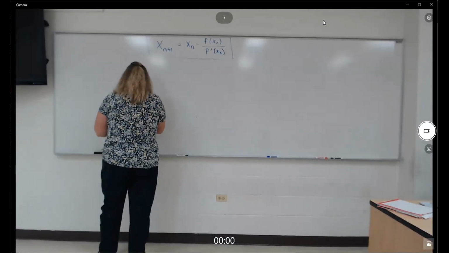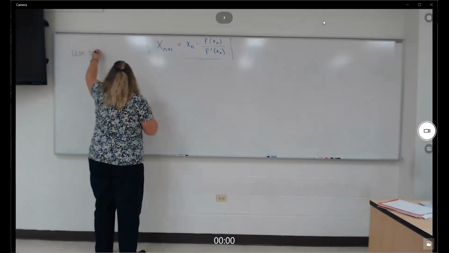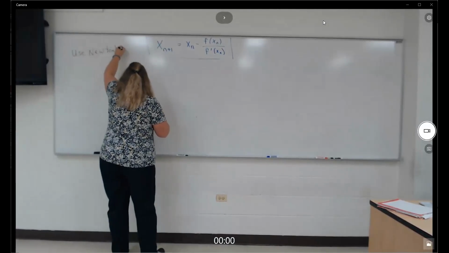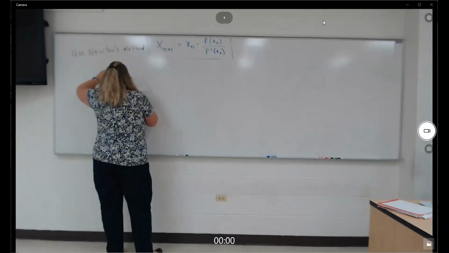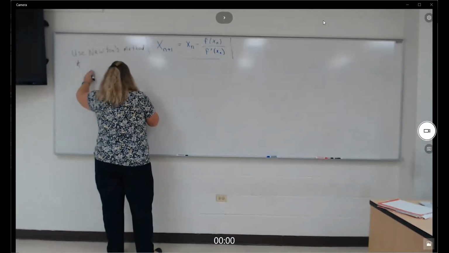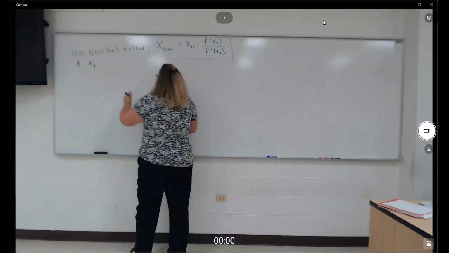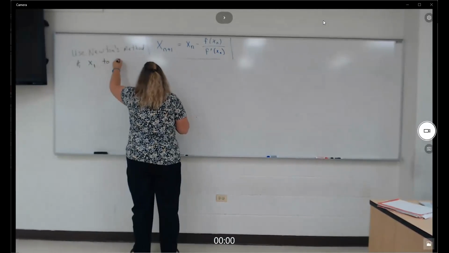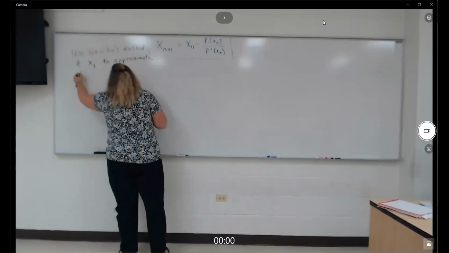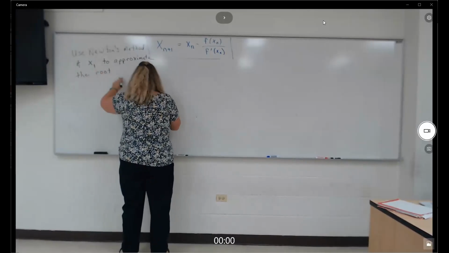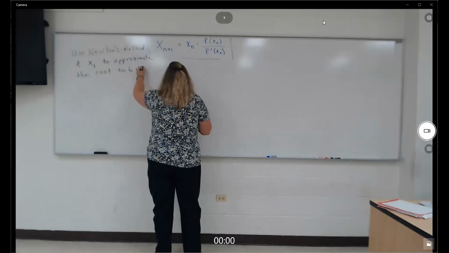All right, so use Newton's method. It's up to you if you want to write this. Use Newton's method, and x of 1, they're going to give us that, to approximate the root to 6 decimal places.